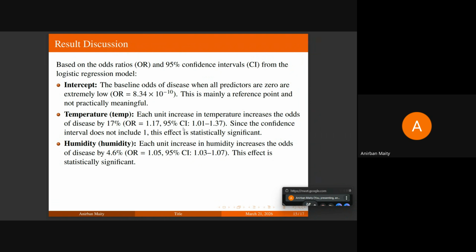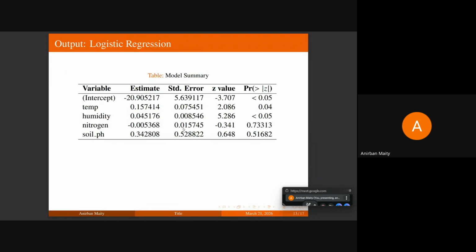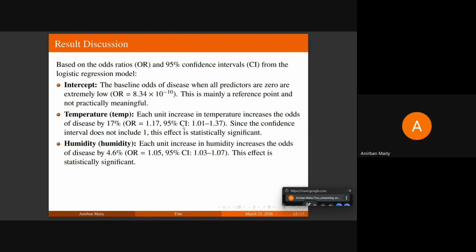statistically significant. Similarly, for humidity, the log odds increase by 0.045 if humidity increases by 1 unit. So the odds of disease increase by about 4.6%, because the odds ratio is 1.05, that is, (1.05 minus 1) times 100%.